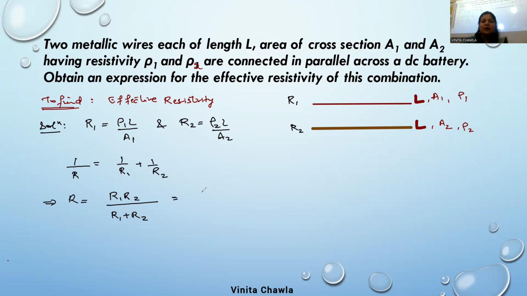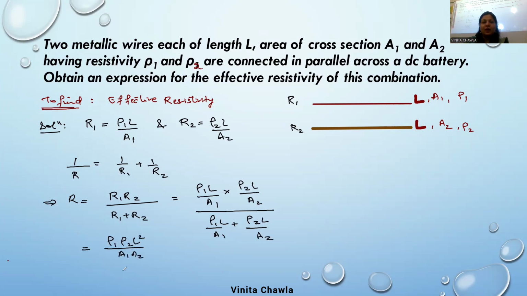R1 is rho1 L by A1. R2 is rho2 L by A2. Then we have a plus sign. Okay, now simplify this. You'll get rho1 rho2 L square in the numerator, and in the denominator A1 A2.